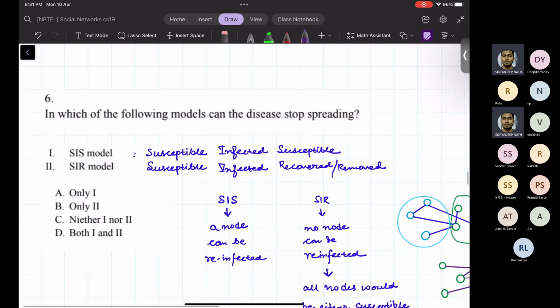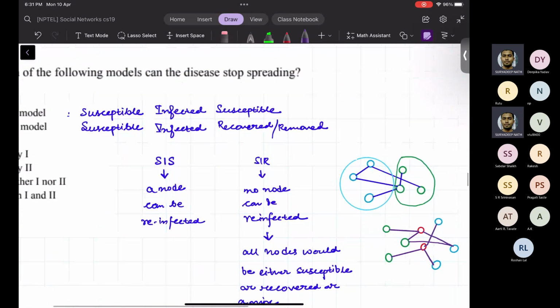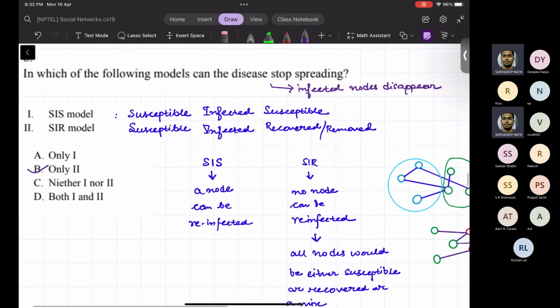Therefore, in which model does the disease stop spreading? A disease will stop spreading when infected nodes disappear, and they will disappear in the SIR model.